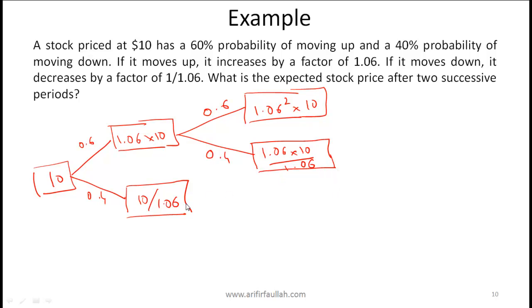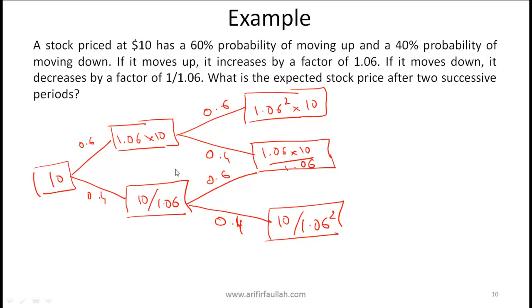From this point we can go up. The probability is 0.6, and here again this would be 10 divided by 1.06 multiplied by 1.06, so back up to 10. And if we go down, the probability is 0.4, and the new value is 10 divided by 1.06 squared.